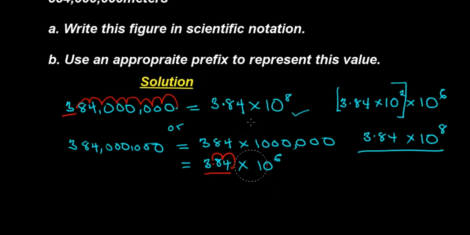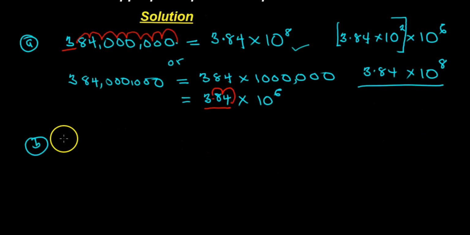So the next thing is to use an appropriate prefix to represent this value. So our answer is 3.84 times 10 exponent 8 meters. This was the answer we had in A. So we are going to write a prefix for this.